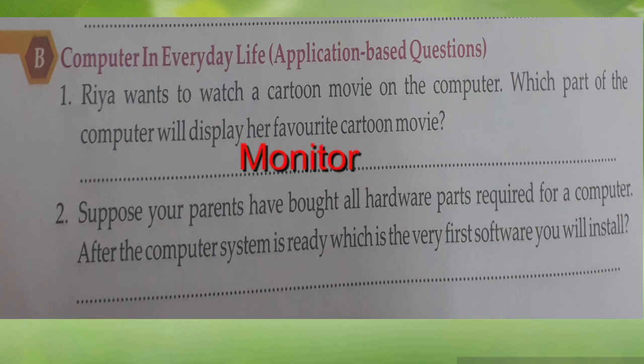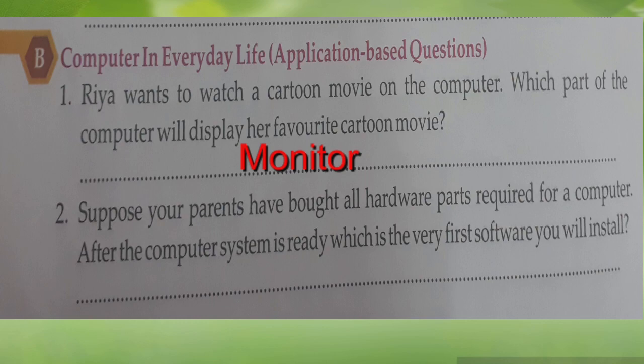Good. Second question. Suppose your parents have bought all hardware parts required for a computer. After the computer system is ready, which is the very first software you will install? Which are the main parts of a computer? Monitor, CPU, keyboard, and mouse.